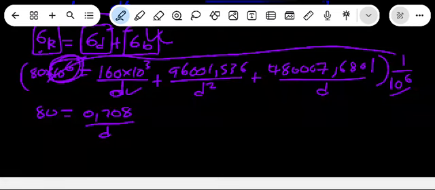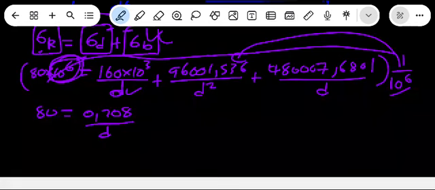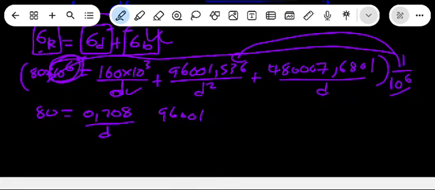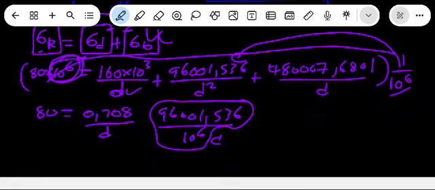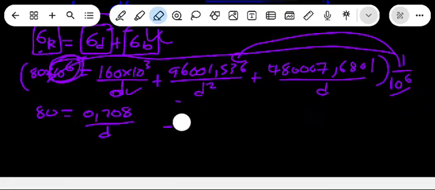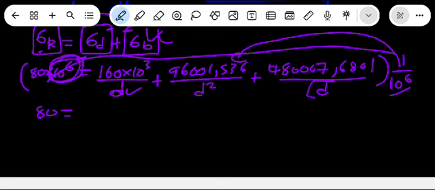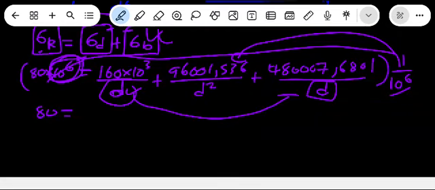You see, I must also do the same thing here. I multiply this here. This will be 96001.536 divided by 10 to the power of 6. You have d. I punch this again. I have d here, I also have d here. I can simply add these two.